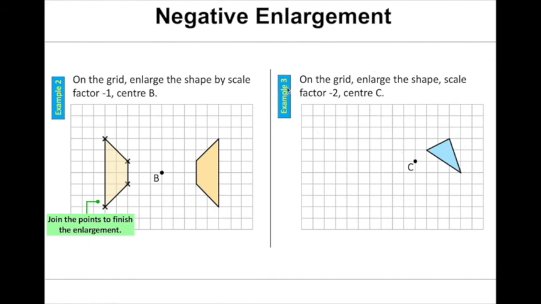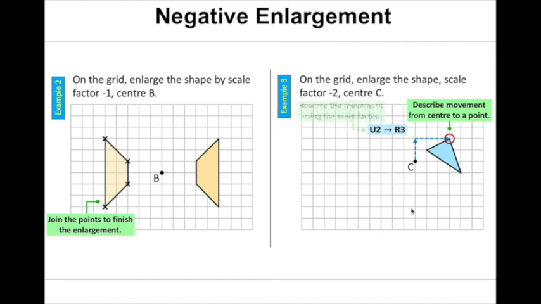Same thing with this example. Given the shape and the center C, we are asked to enlarge it by scale factor -2. Let's begin by picking a point and describe it, beginning from the center C. Let's pick that point there again. It is up by 2 and right by 3, and scale factor is -2.